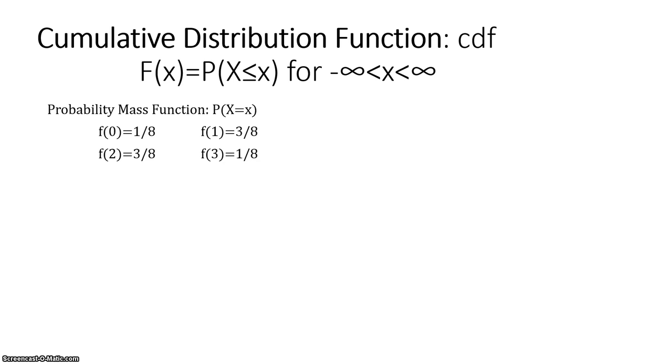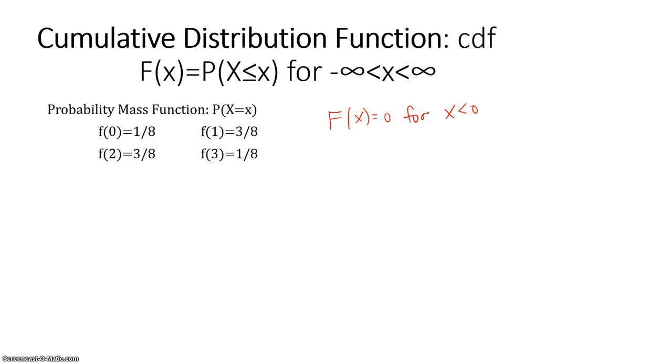So big F of x, or CDF, is going to be 0 for all values until we get to x equals 0. Once we get to 0, we know that the probability that X takes on a value of 0 or less is going to be 1/8.